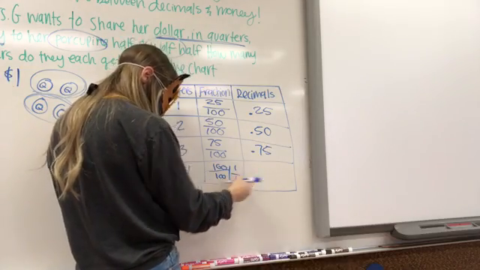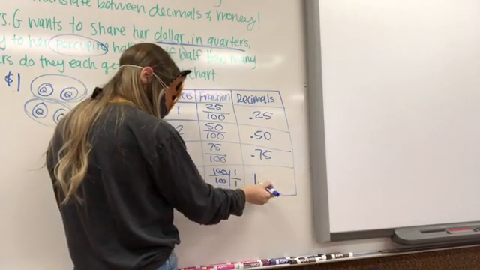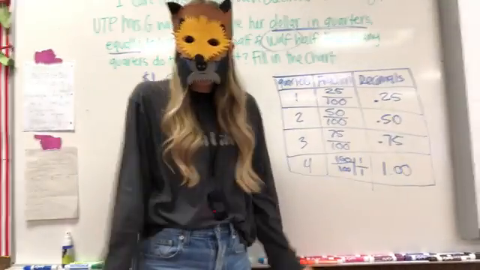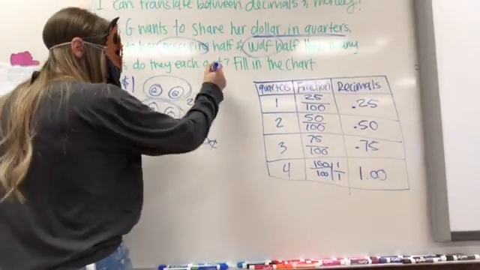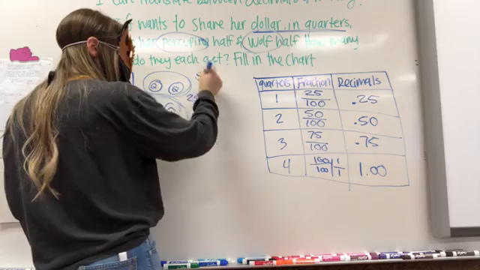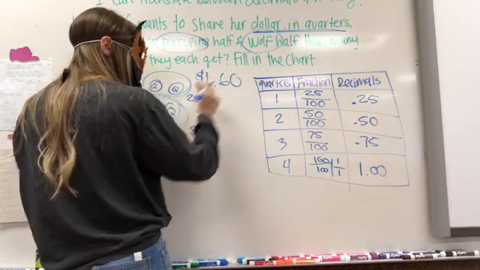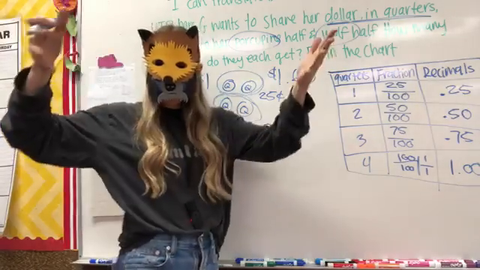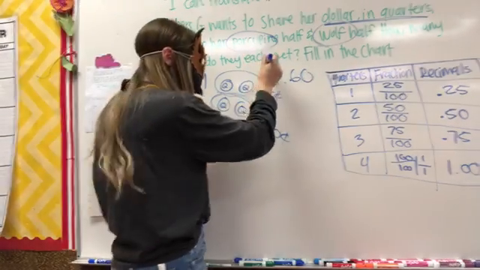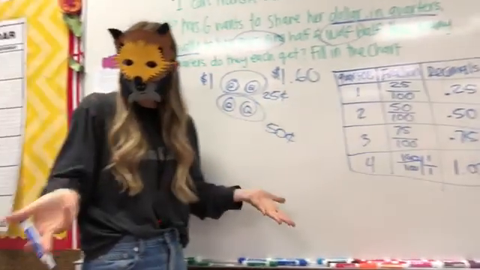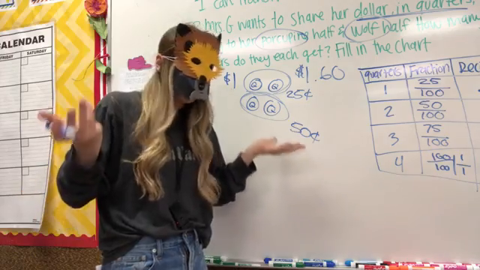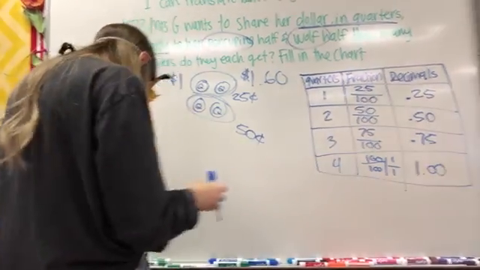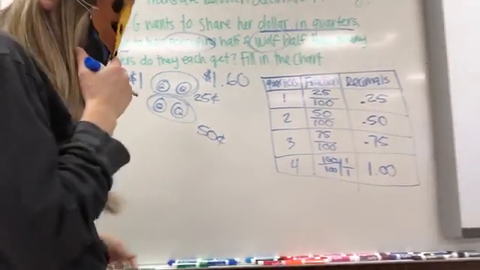And then 1 whole would be just 1 whole. $1. Isn't that crazy? If you look at any dollar bill, say you have $1.60, this is already a decimal. Decimals and money are the same thing. All you do is put this dollar sign. So if you get decimals, you get money. If you get money, you get decimals. The only difference is the dollar sign. Amazing, right? Okay, let's solve some problems.